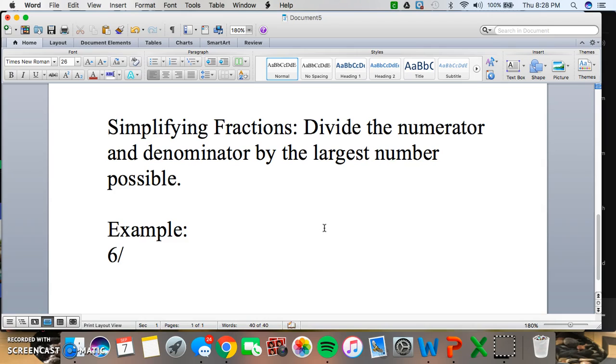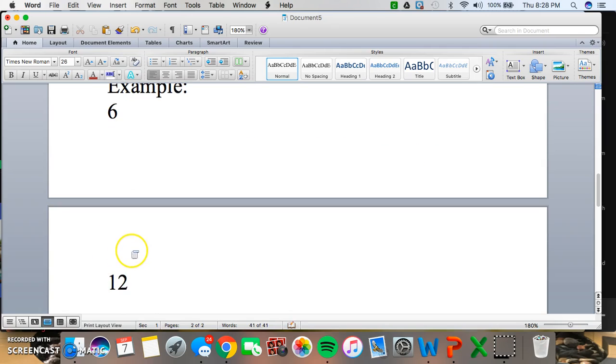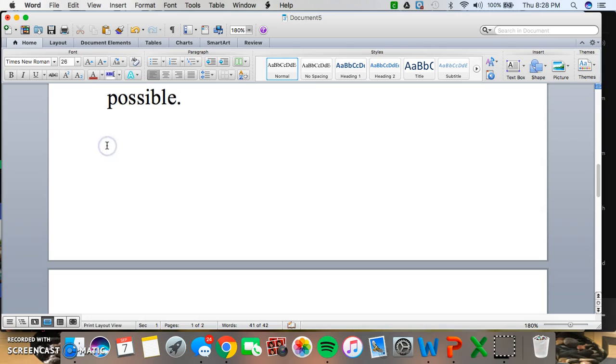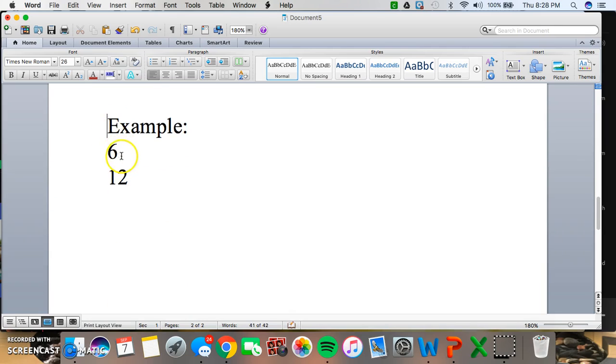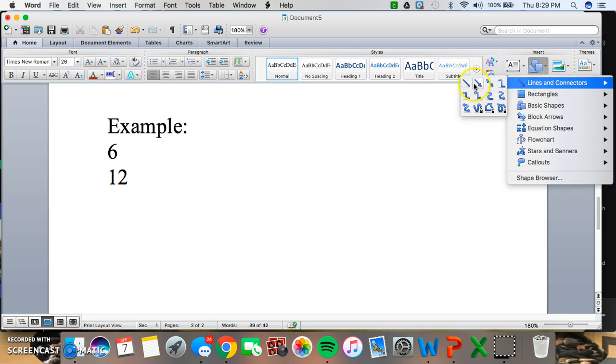if you had 6/12, let's write it like this, and let's put a bar underneath it.